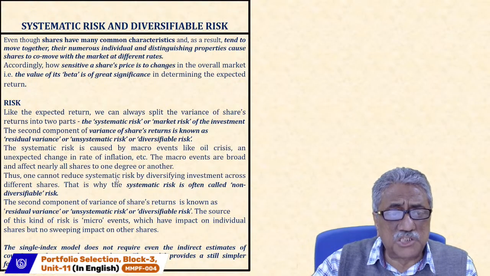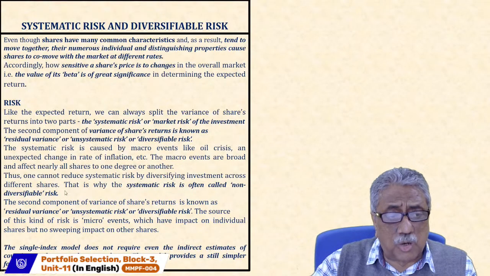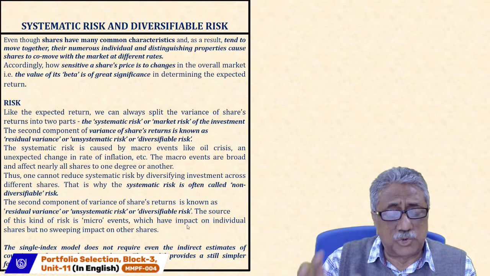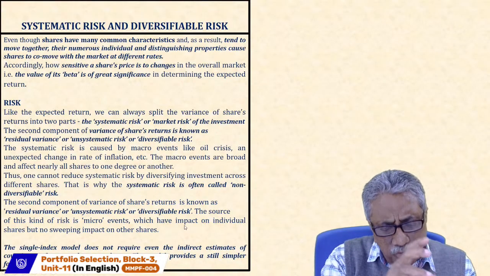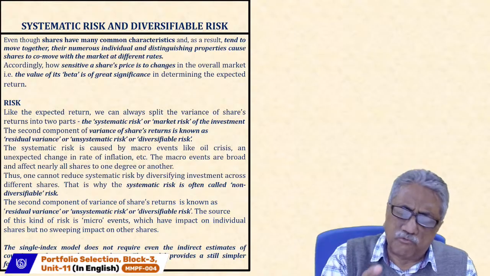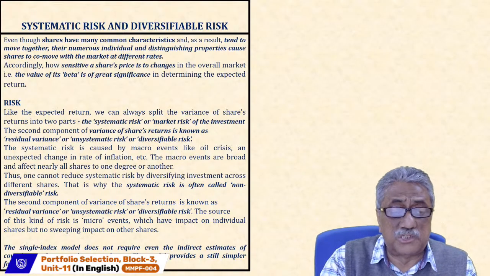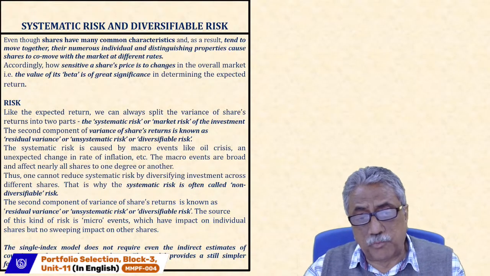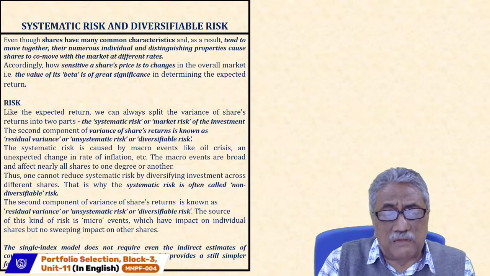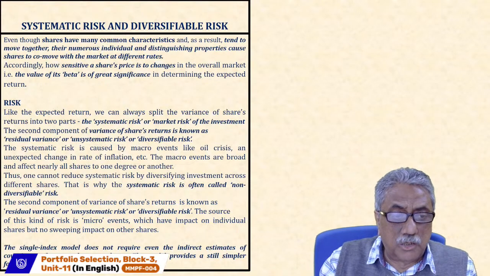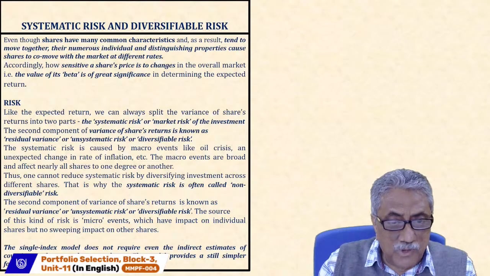Thus, one cannot reduce systematic risk by diversifying investment across different shares. That is why systematic risk is often called non-diversifiable risk. Whereas the second component is diversifiable. As I told you in the last class, if you buy different stocks of different characteristics or industries and diversify your portfolio, you may reduce that diversifiable risk to almost zero.